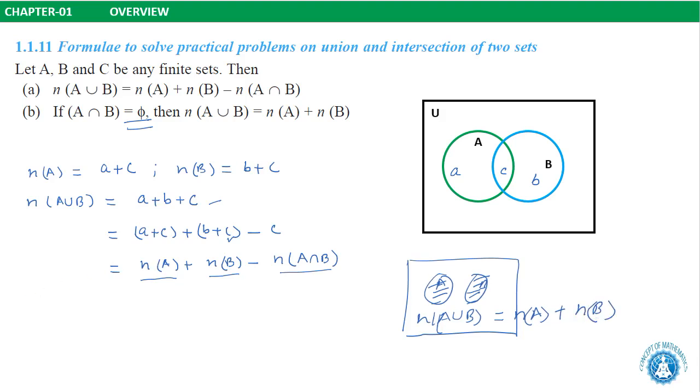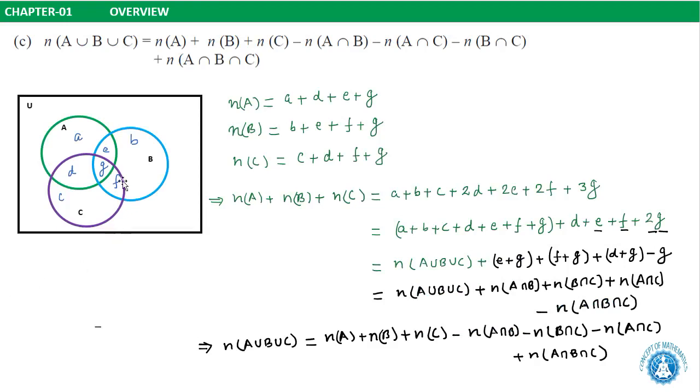Now coming to operations on three sets. This long formula gives the number of elements in the union of A, B and C. Let us consider it one by one.